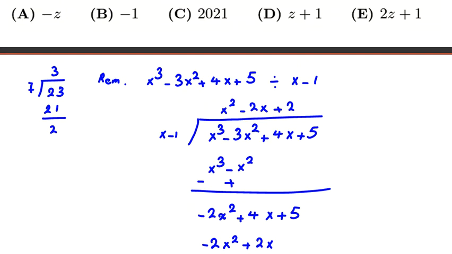Now I want to tell you a shortcut. An equivalent term here is that you say 23 equals what times what plus what? 7 times 3 plus 2. Okay? You multiply these 2 terms plus the remainder, it will be this.